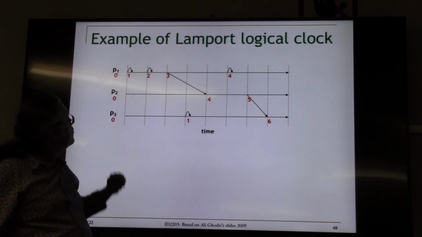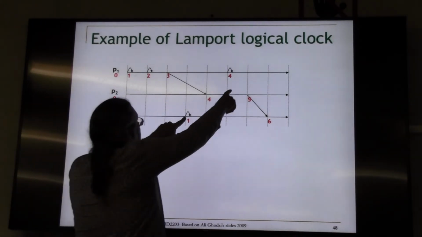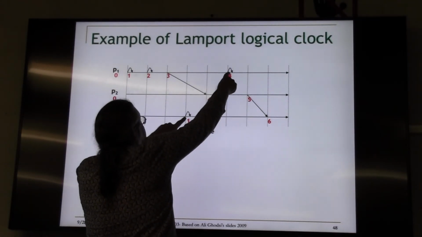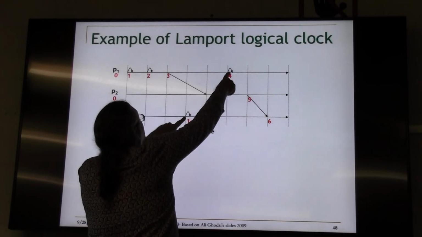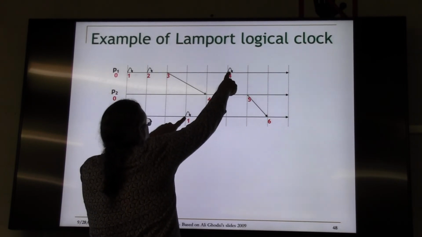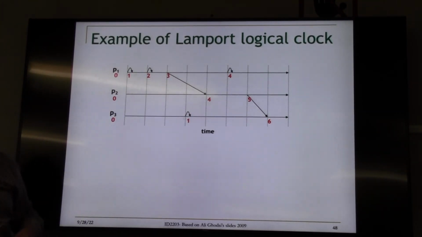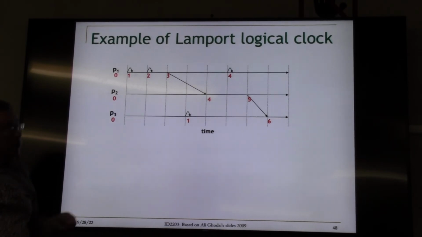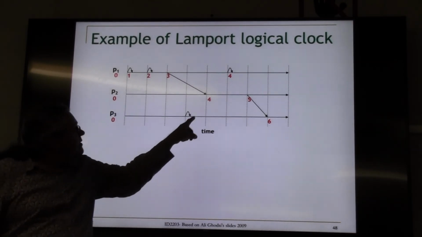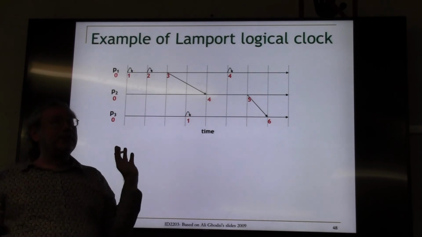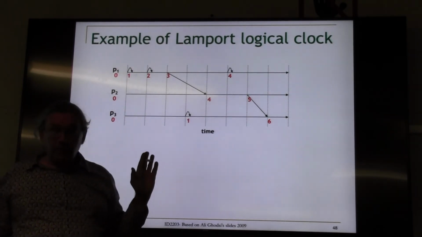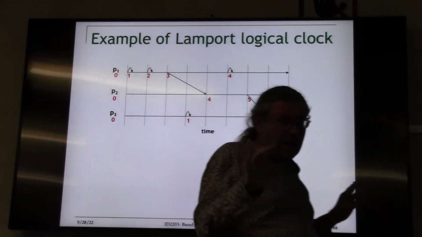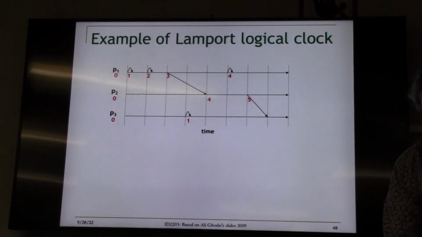It tells me which one is first. But between these 2 events, which one is the first one? They're concurrent, so there's no first one. The Lamport clock will say 1 is less than 4, but that's not saying anything important here. You see? So the Lamport clock only gives me half of the story.